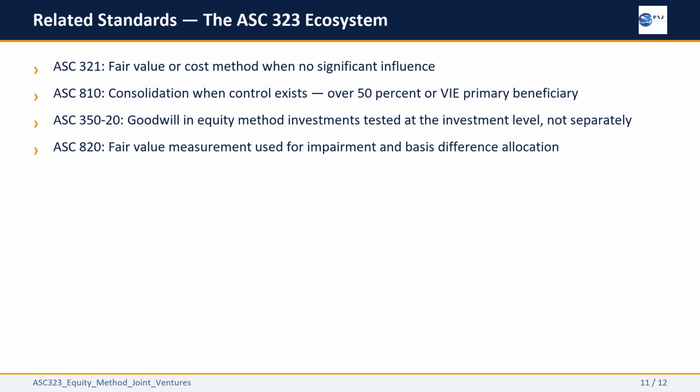ASC 350-20 is important because goodwill embedded in an equity method investment is not separately impairment tested. It is tested at the whole investment level under ASC 323. And ASC 820 governs fair value measurement, which you need when measuring impairment and allocating basis differences. Knowing how these standards connect will help you navigate complex situations.